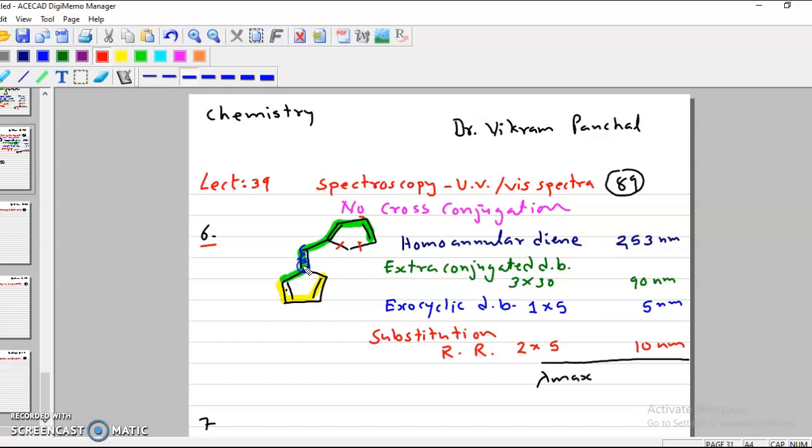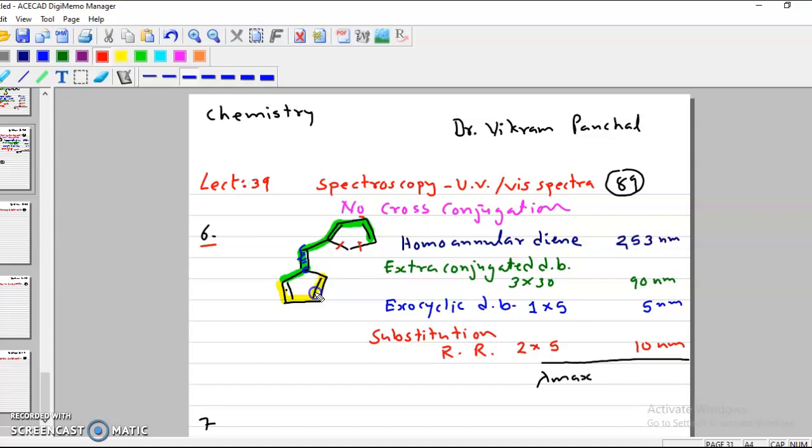But here there is no cross conjugation. Why? Because if you go from here to the left side, there is one system, and here to the right side is also one system. But these two left and right double bonds, which are in the ring of this pentagon, are also one system. So I think this is not an example of cross conjugation.